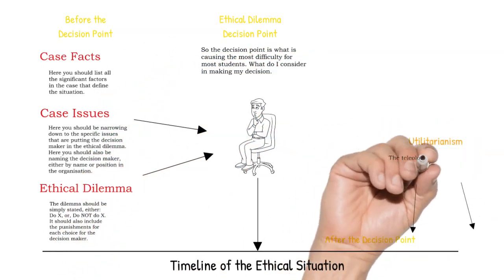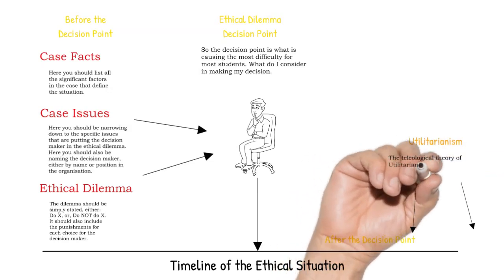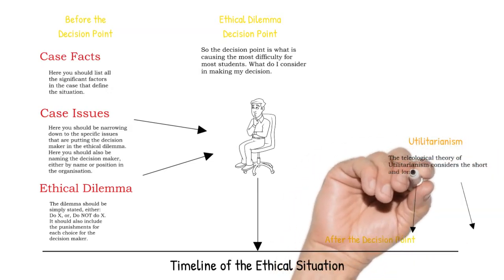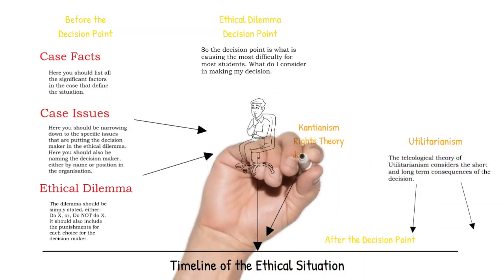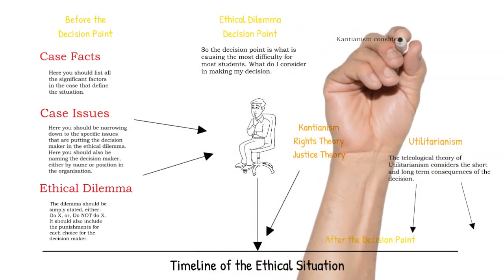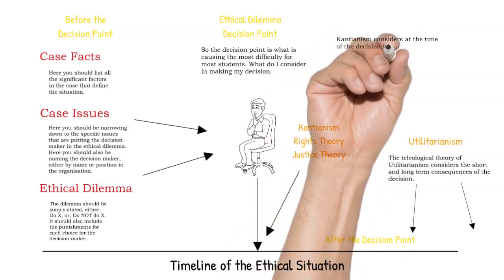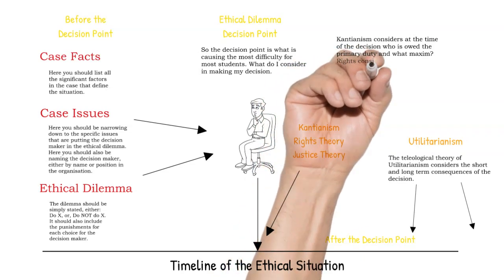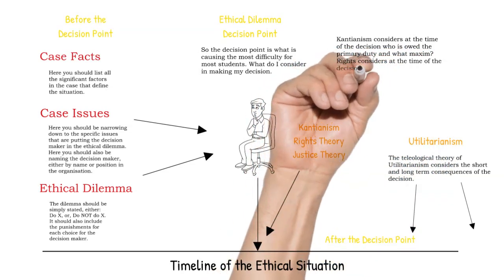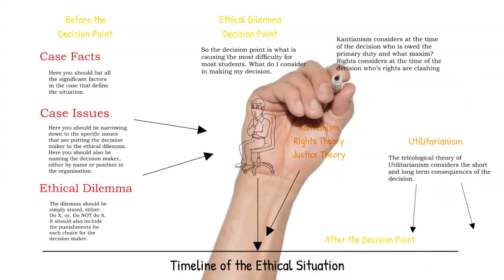The teleological theory of utilitarianism considers the short and long-term consequences of the decision. The deontological theories only consider the issues at the time of the decision, not after the decision point. So Kantianism considers at the time of the decision who is owed the primary duty and what maxim.